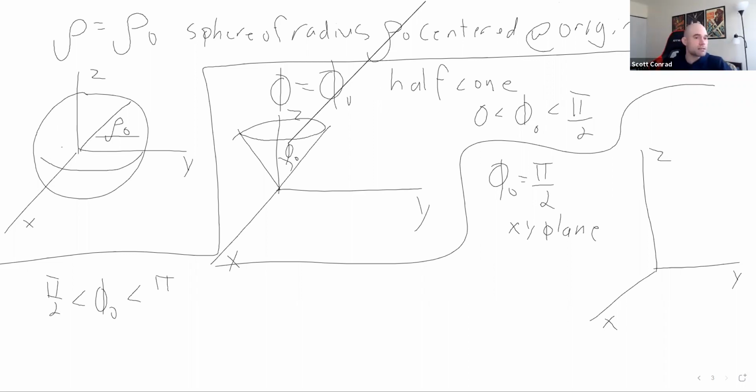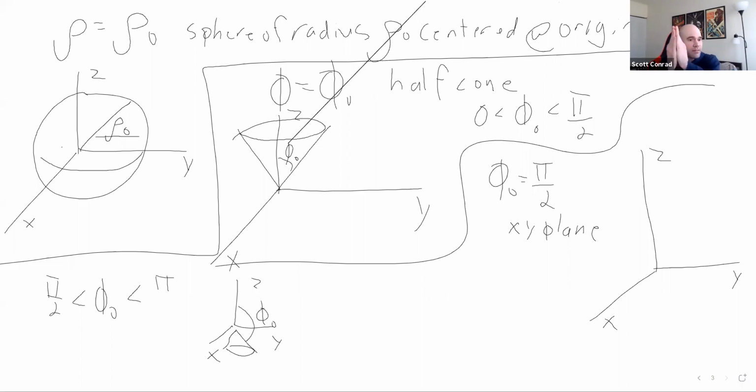As the angle gets obtuse between pi over 2 and pi, now we're opening that cone up more, and now it lies below the xy plane. Now we're the bottom half of a cone. And then phi equals pi is just going to be the negative z-axis.